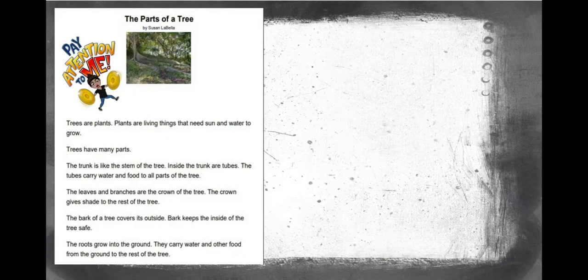The leaves and branches are the crown of the tree. The crown gives shade to the rest of the tree. The bark of a tree covers its outside. Bark keeps the inside of the tree safe. The roots grow into the ground. They carry water and other food from the ground to the rest of the tree.